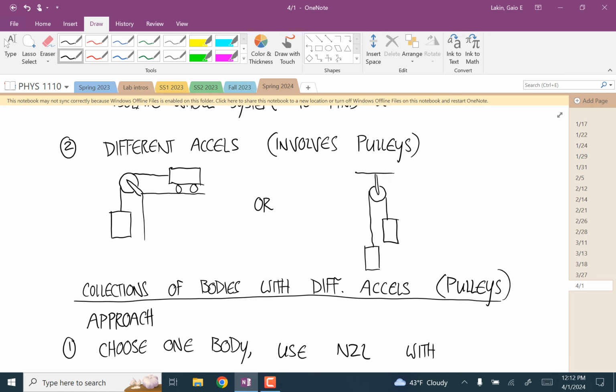Maybe this is heavier, and the true acceleration is going to be in the negative y. Well, we called this 0, a. We called this 0, negative a. So what we'd find out once we solve this problem is that that variable a is going to be negative for this.